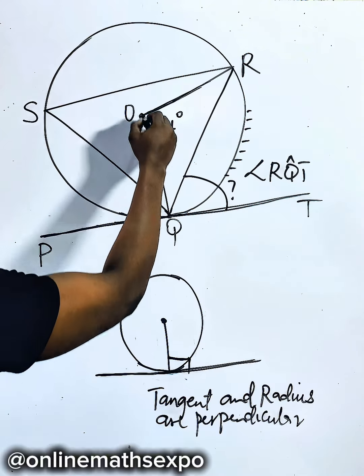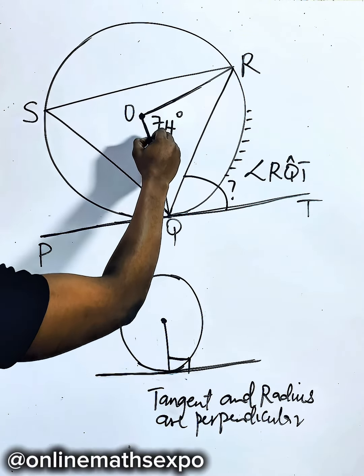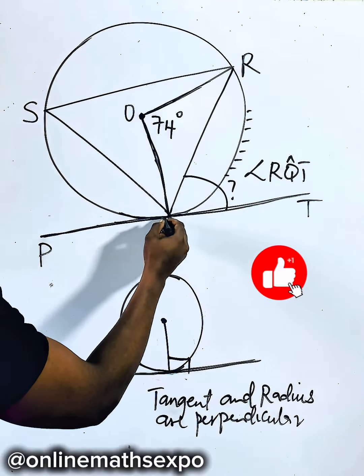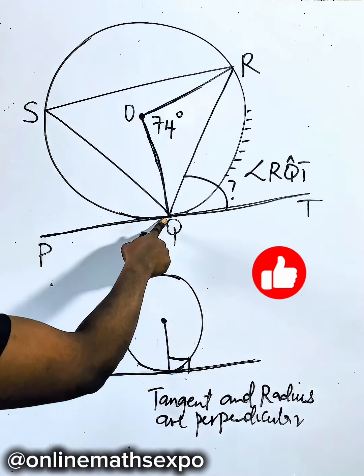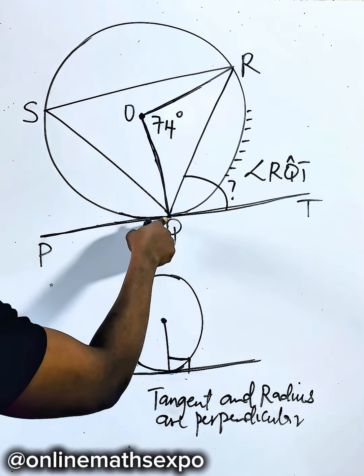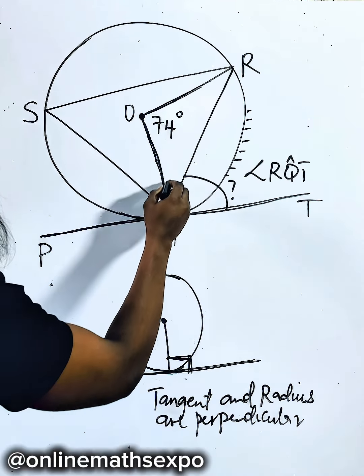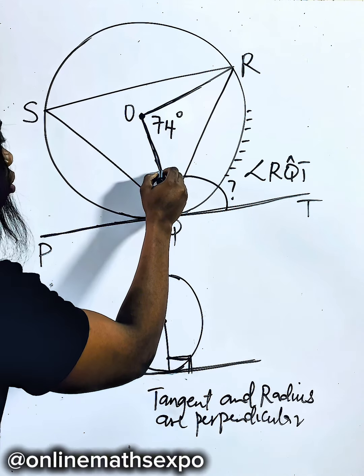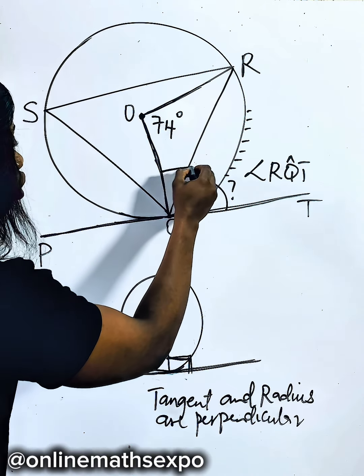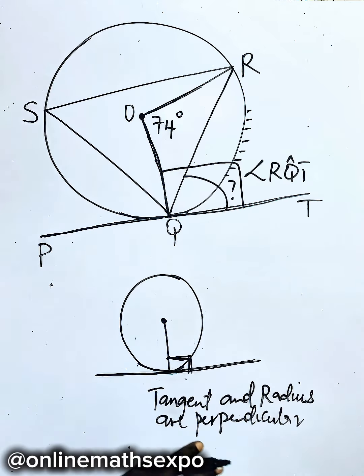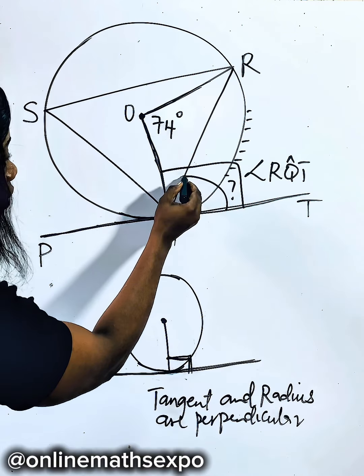You observe that this is the center and this line is the radius, because from the center touching any part of the circumference gives you the radius. And it means that there is angle 90 formed according to the definition. So the angle 90 is formed from the radius of the circle touching the tangent. You see the angle 90 we have formed, and we are asked to find this part.